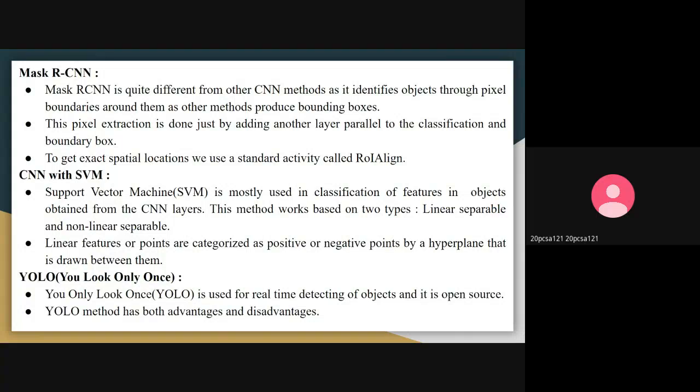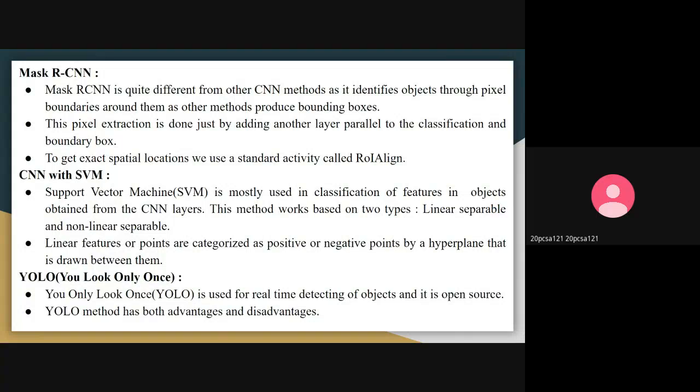This method identifies objects in an accurate way by masking the objects through pixel boundaries over the outline. This is done by adding another layer called the mask layer to each ROI in the fully connected layer. This mask layer is different from other layers because the pixel extraction should capture a finer spatial layout of the object, to accurately identify its structure.